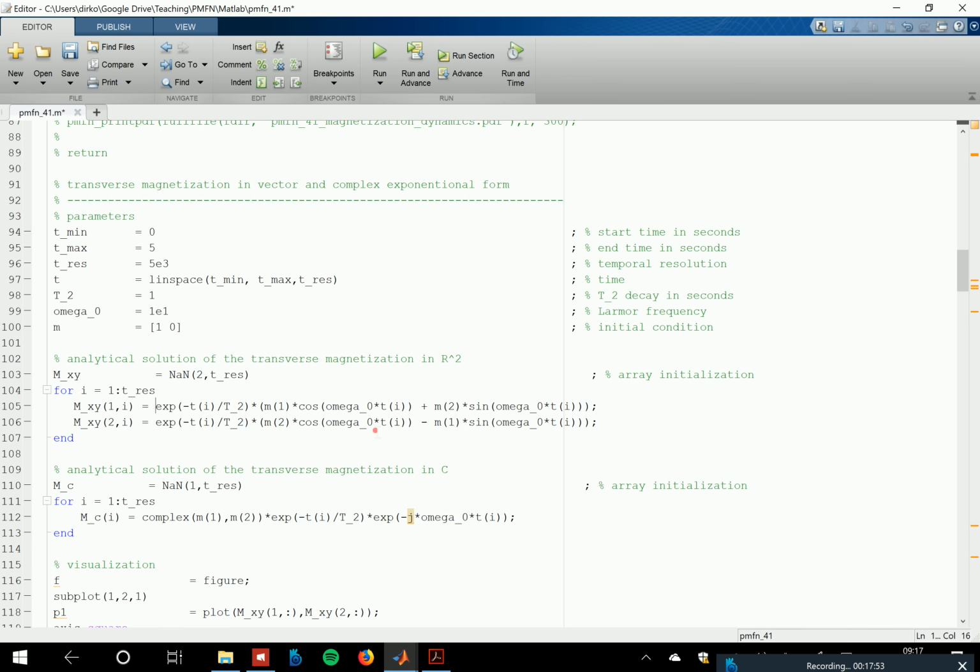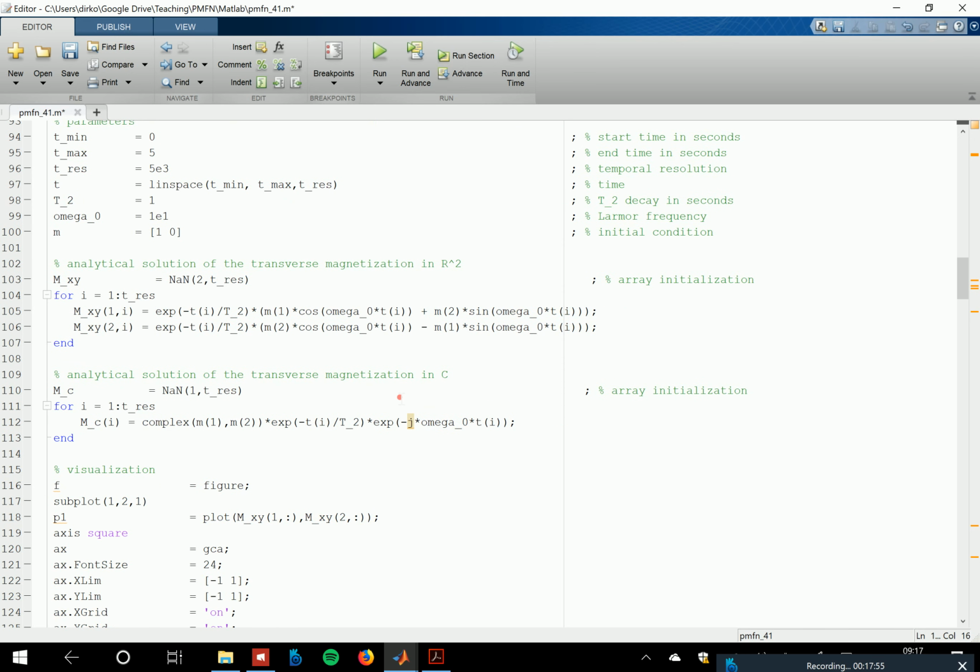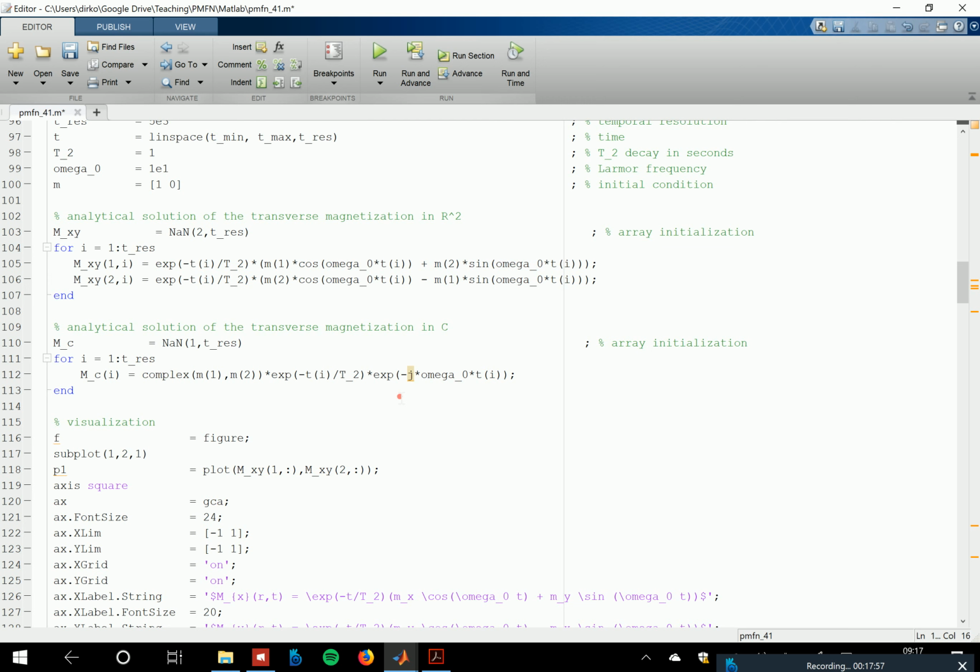So that's here. And of course I can also do the same thing with just a single number, but the single number is a complex number, so it has a real and imaginary part. And so this is what we just basically figured out.